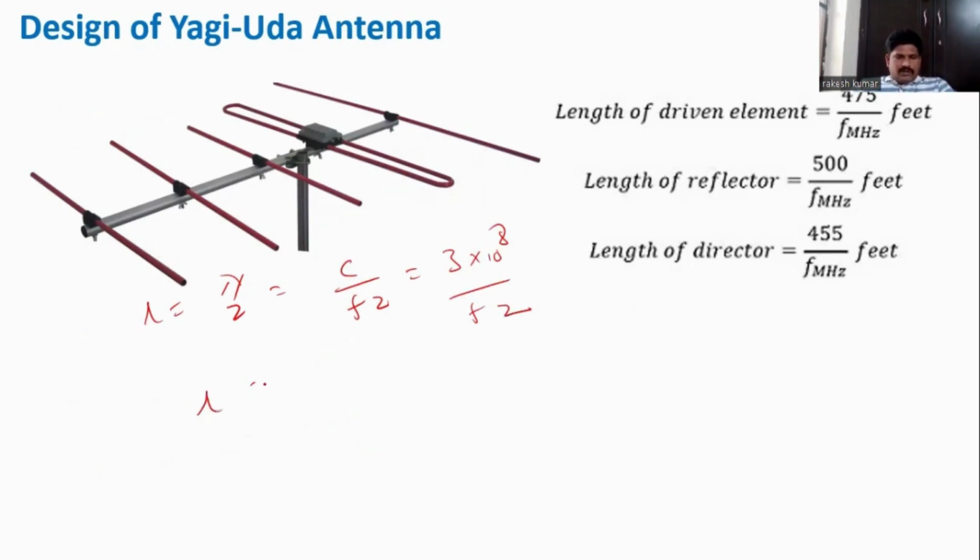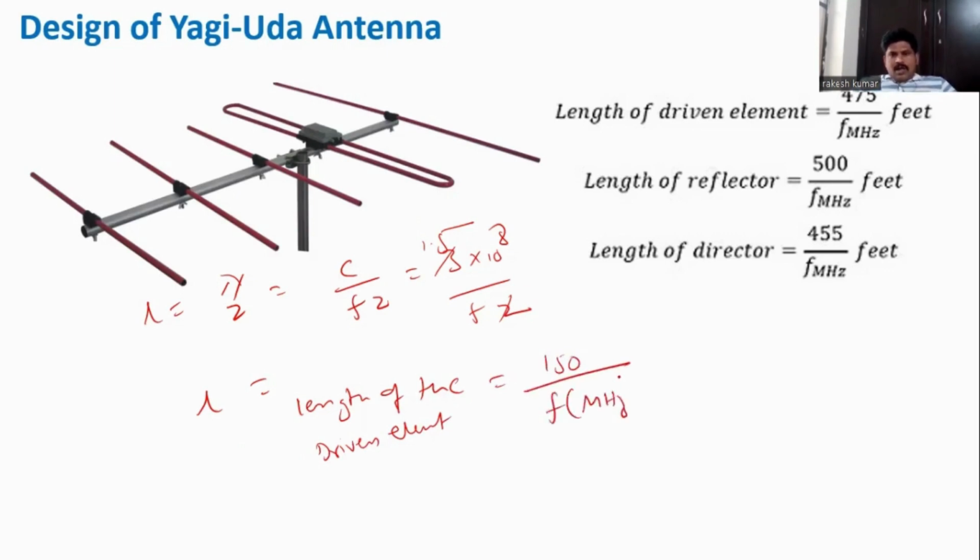If we convert this, we get the length of the driven element equal to 150 by F in megahertz, in meters. So this is the theoretical derivation.